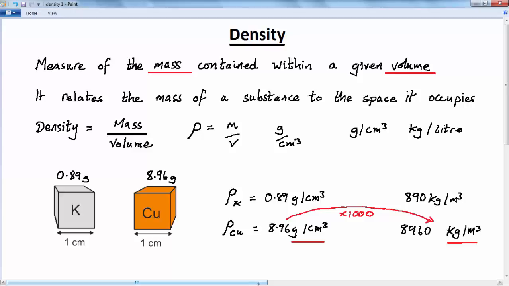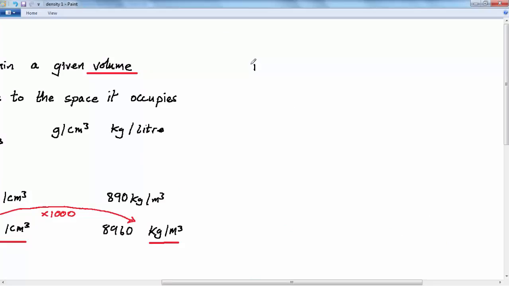Now finally, in this lesson, I'd like to talk about the density of water. Now, water is a liquid, so we often use litres rather than cubic centimetres, and we say that the density of water, that's rho water, is equal to 1 kilogram per litre.